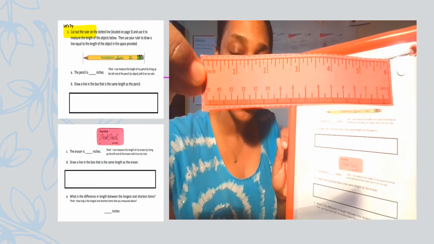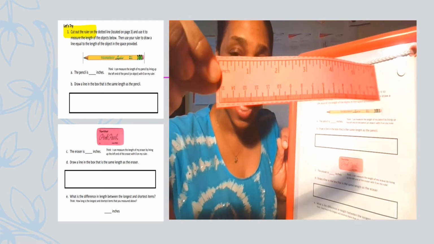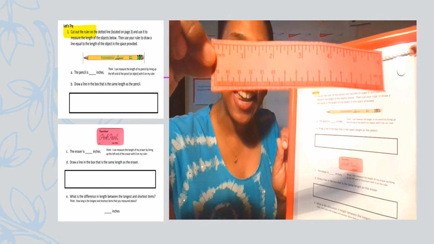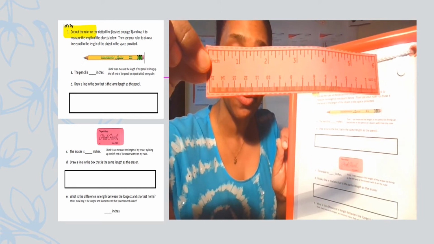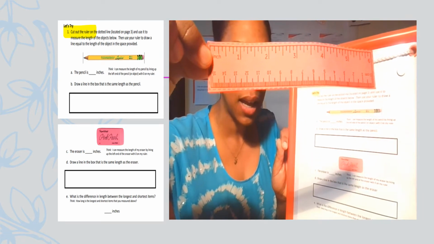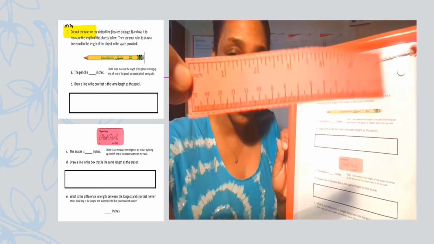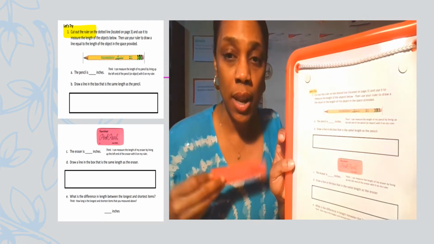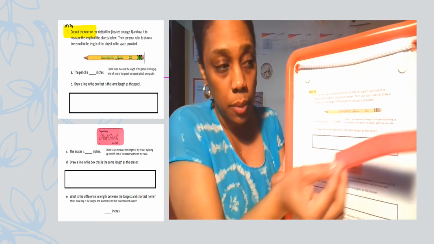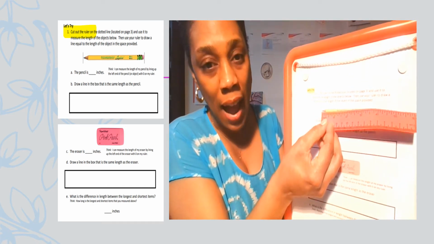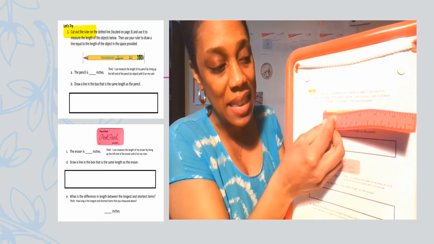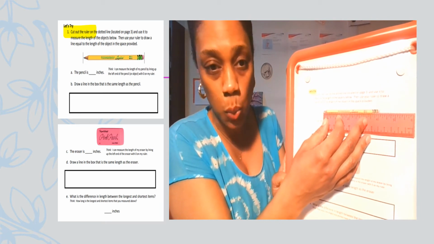And when I want to measure something in inches, I have to make sure that that word is in a position in which I can read it, not upside down. So now I know I have my inch side. I'm ready to measure. Remember, I have to put the 0 at the beginning of the object, which is this pencil.